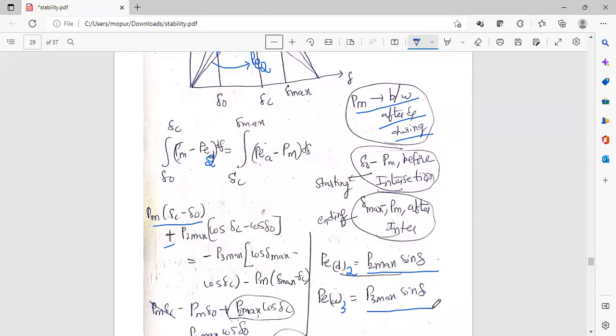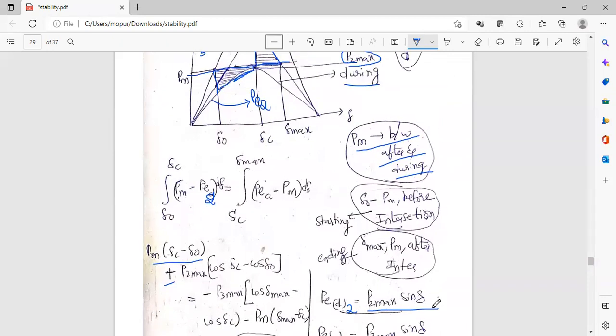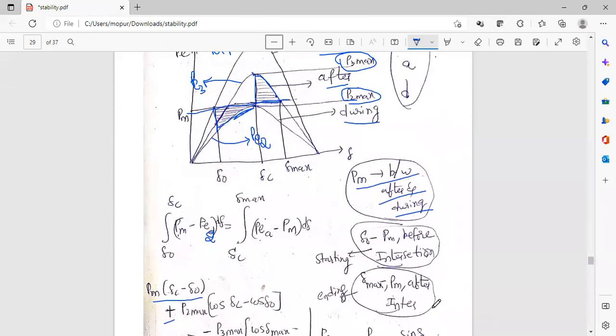For remembering this graph, when we are able to remember it correctly, then we can do the derivation properly. So for remembering this graph, you can think like this. See, delta naught to PM before intersection. Where is delta naught? This is delta naught and PM. This is the point, the delta naught and PM before intersection.